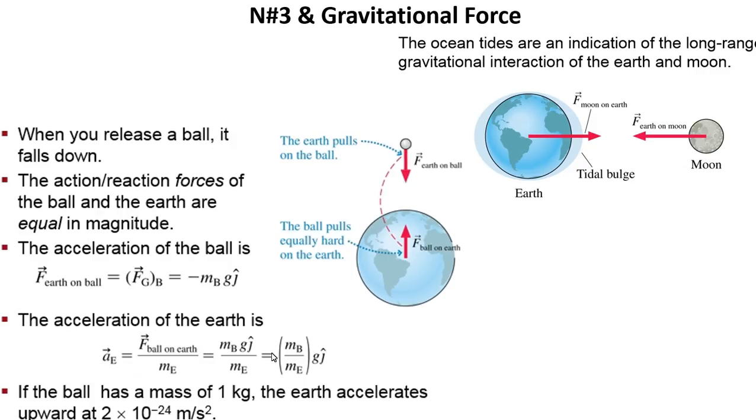the acceleration of the Earth is effectively zero, because by Newton's second law, the acceleration of the Earth is the force of the ball on the Earth divided by the mass of the Earth, and therefore it's the ratio of the mass of the ball to the mass of the Earth times little g.